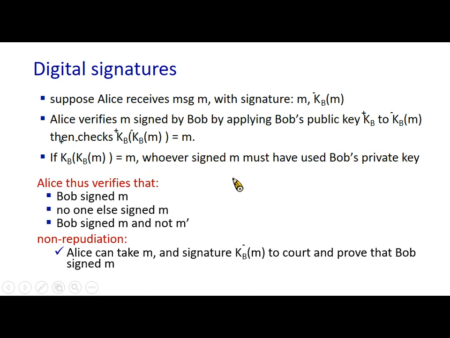So Alice verifies that Bob signed M, and no one else signed M.